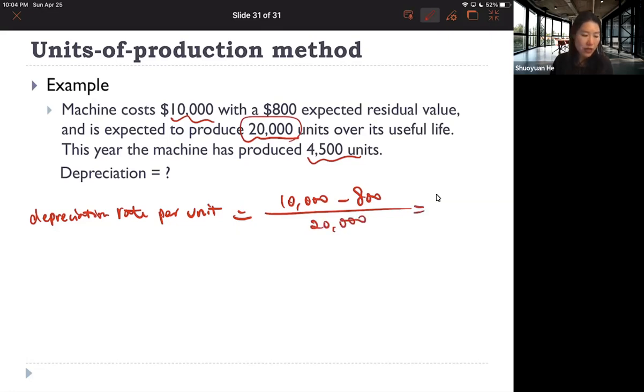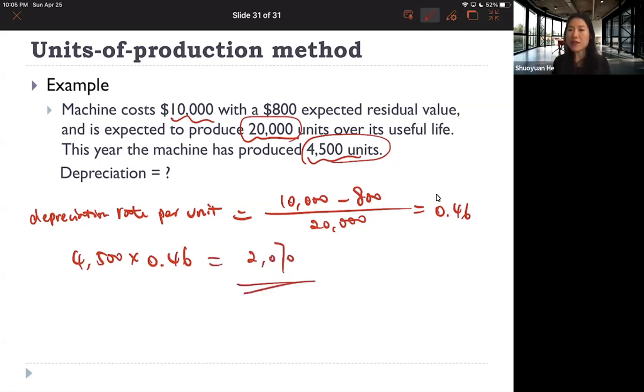So for each unit, the depreciation should be 0.46. And this year we have produced 4,500 units multiplied by 0.46, the unit depreciation, and that is 2,070. So 2,070 is our depreciation for this year.